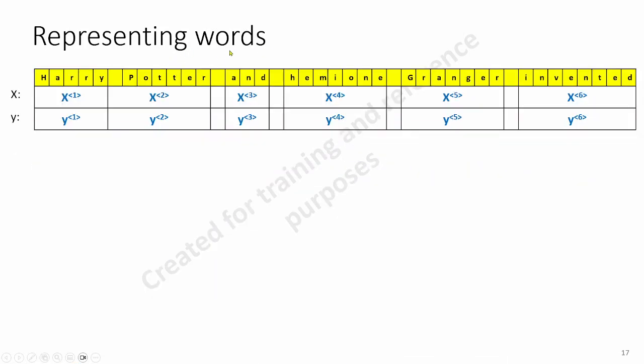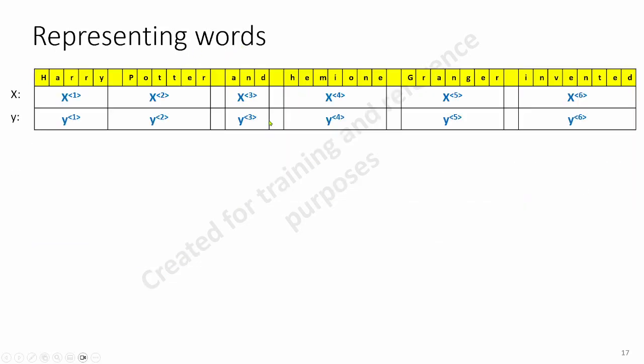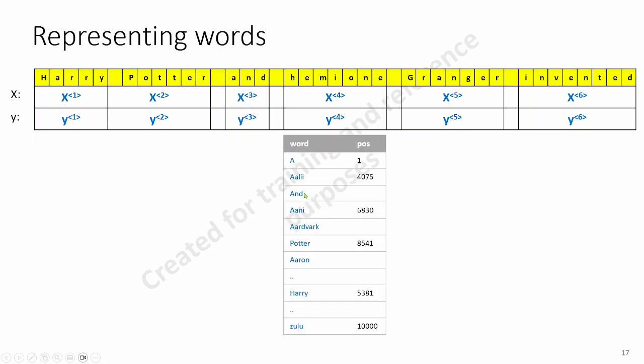The first step is to understand how we represent the words. One of the methods to represent a word would be one hot encoding. Let's say you have a given set of words in your text, 10,000 of them. You can give an index to each of the words, let's say one, two, three, four, five, and up to 10,000, preferably in sorted order.